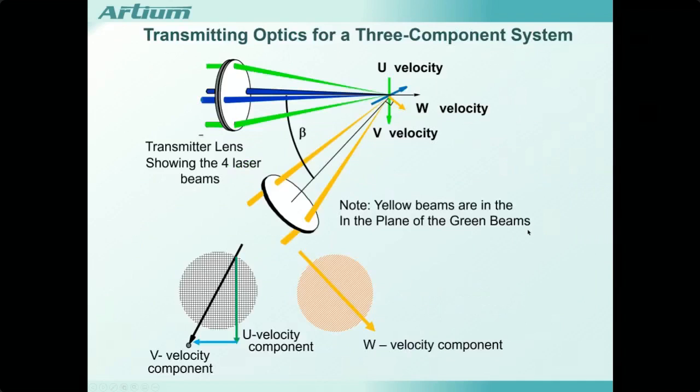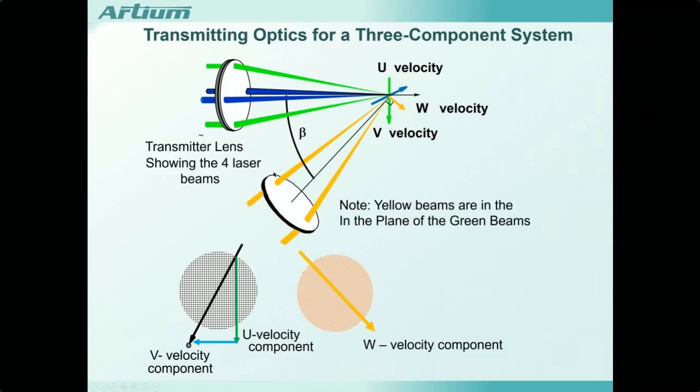Fairly easy. For 3-component velocity measurements, we need to configure our second transmitter with 2 beams. Usually we're using different wavelengths to separate the signals for the different components.